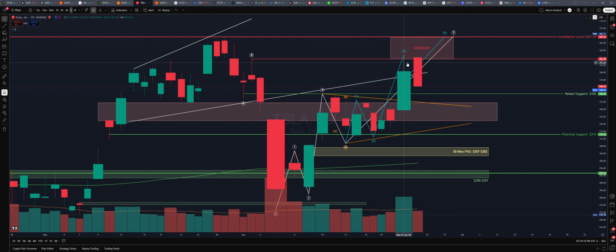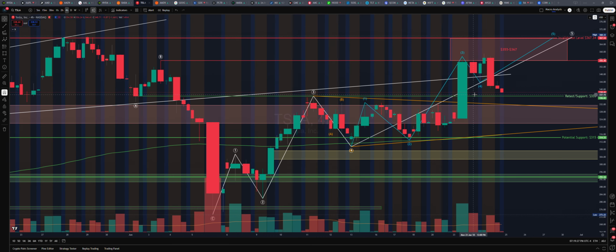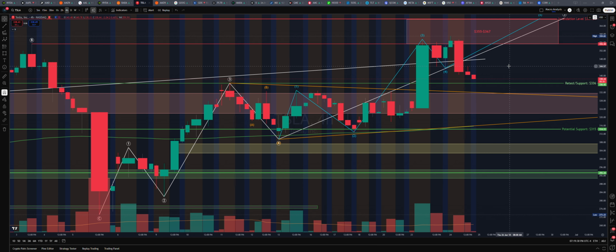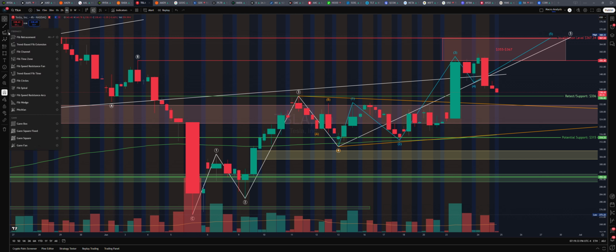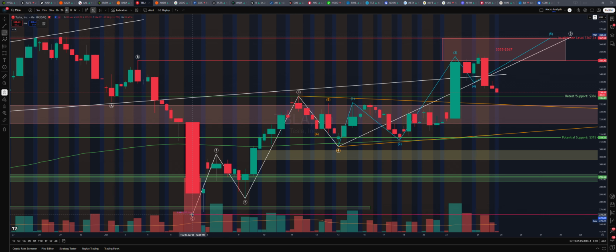We hit that target. We didn't have to go all the way towards 367 for Tesla; that was not necessary. We did get up to that target, and now we're moving back down. What I'm looking for right now on Tesla is to see where this retracement is going to end.